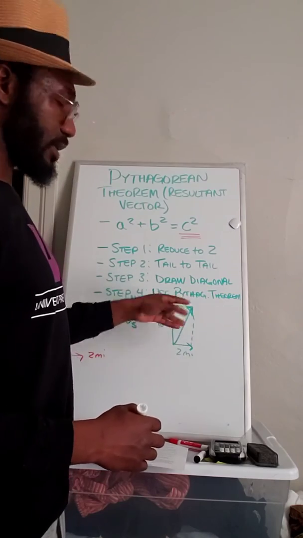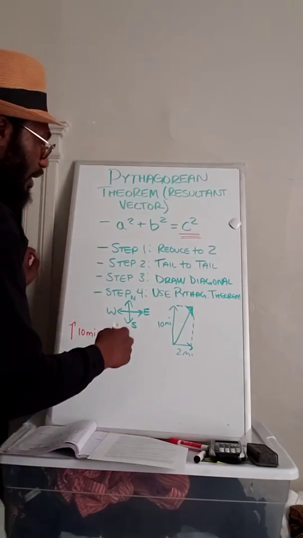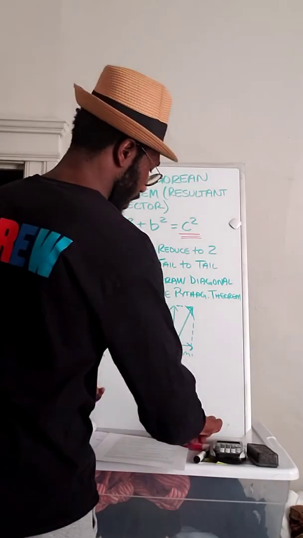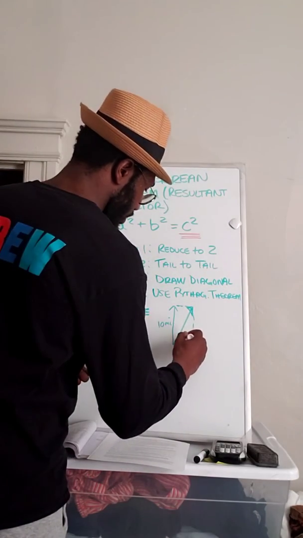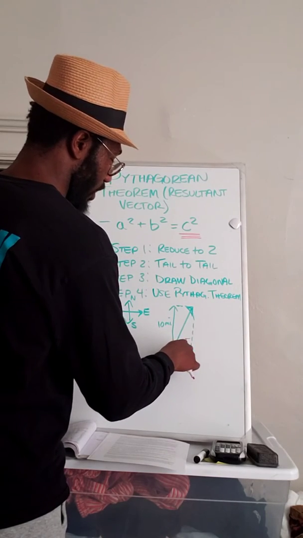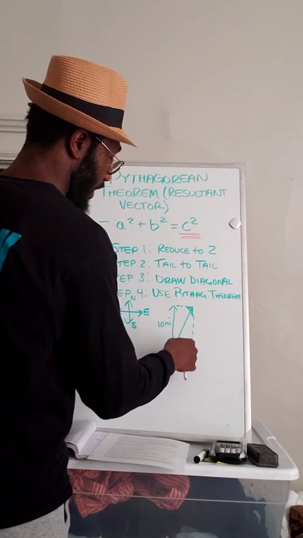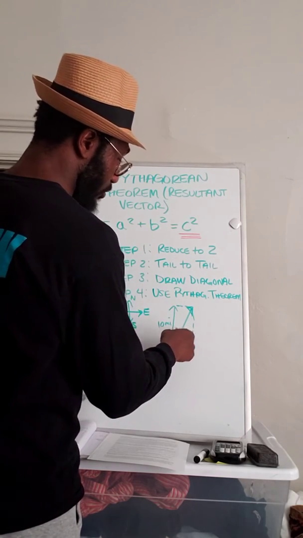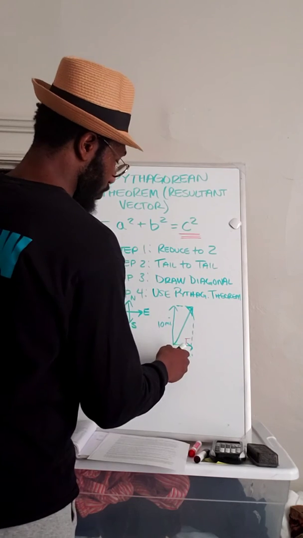So that part is good to go. Now I need to finish my problem. So I identify a triangle, which I know that any perpendicular, so wherever this line touches the dash line, that's a 90-degree angle. So I can go ahead and make that my little box. That's 2 miles.